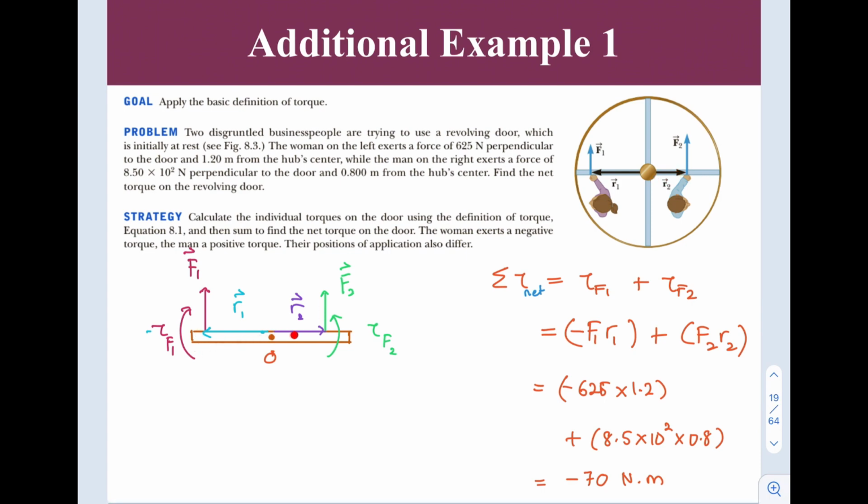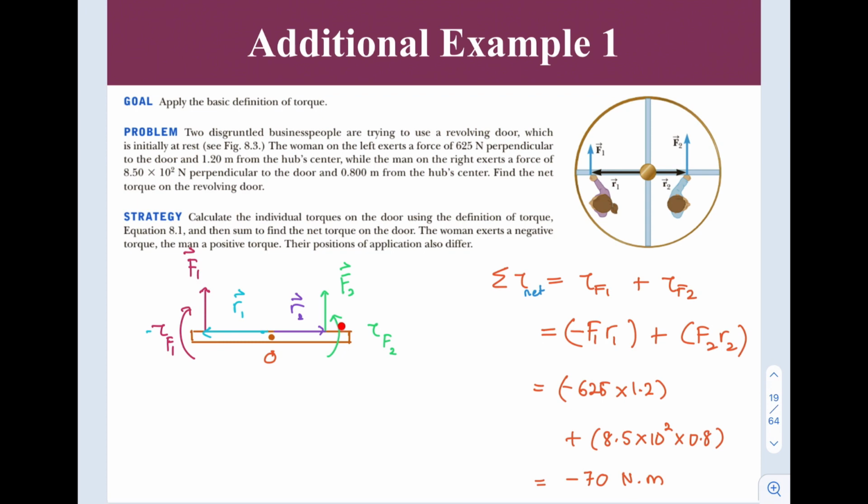So first things first, let's visualize the free body diagram of the door, where point O here is the hinge. The woman is going to produce a tendency to rotate about point O in this direction, which is clockwise, and it will give a negative value torque due to F1 from the woman.